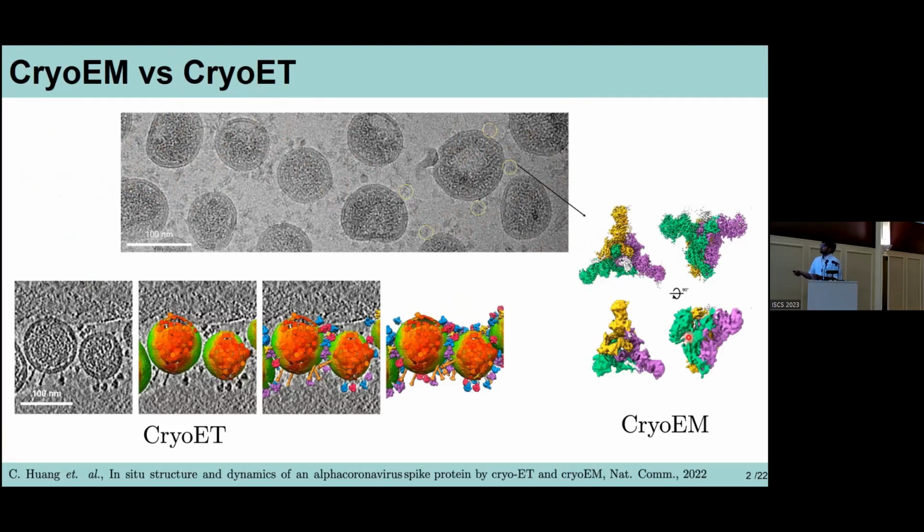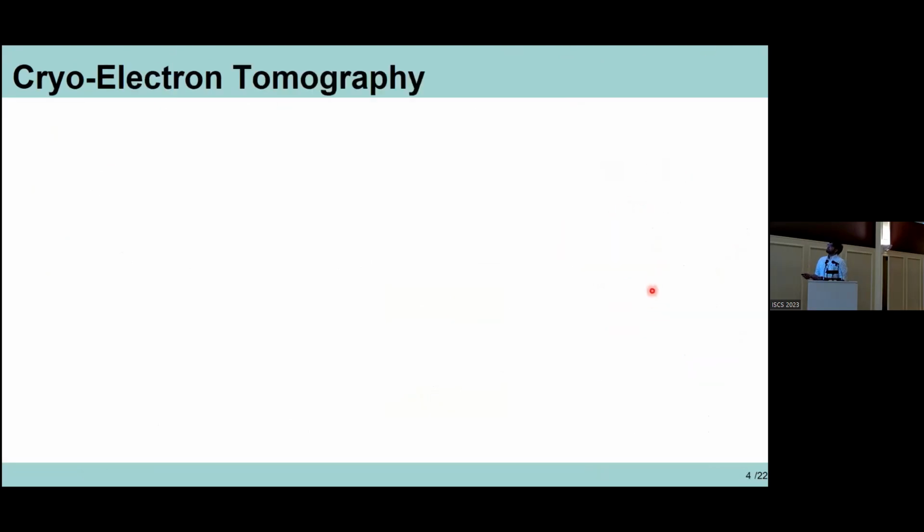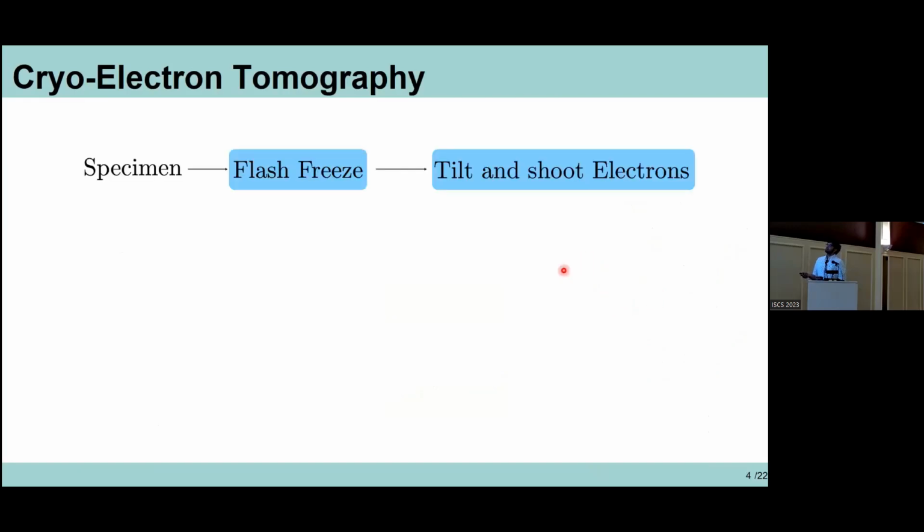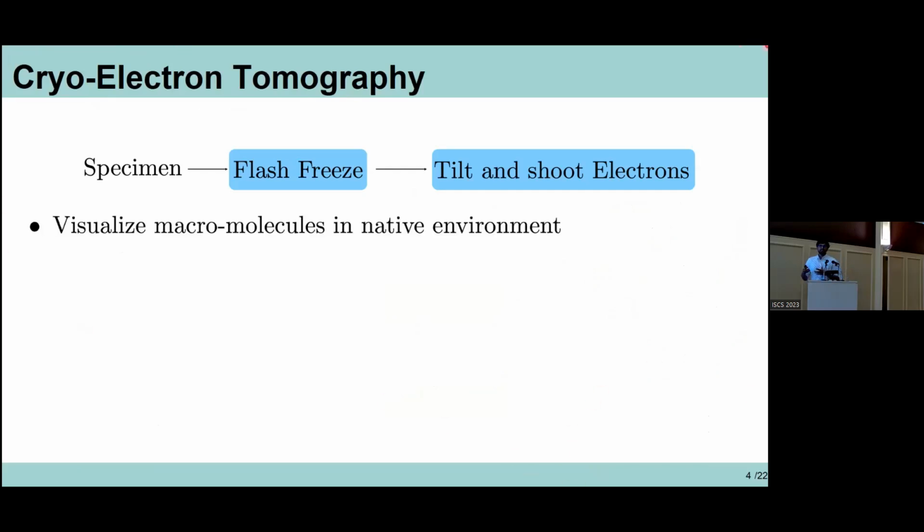Biologists mainly look at how these small structures, basically the spike proteins, are distributed in these larger cell images. To put it simply, cryo-ET takes the specimen, for example a tissue cell, freezes it, and then tilts it and shoots electrons at different directions. The idea is that we get the 3D structure of the molecules in their native environment.